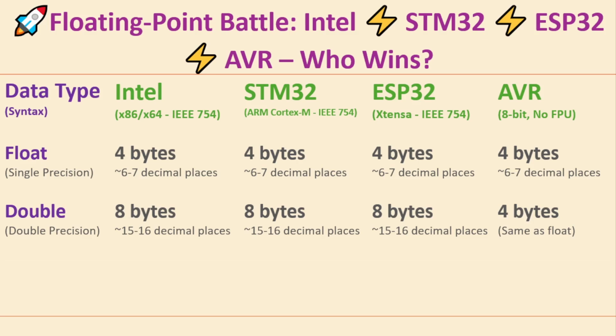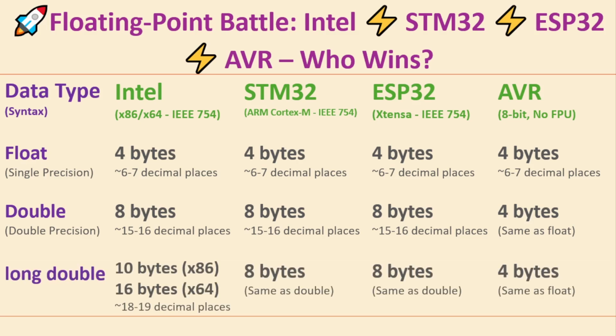due to the lack of a floating point unit, or FPU, in AVR, the double data type is treated like a float in terms of memory. The long double data type uses 10 bytes or 80 bits in Intel processors with an x86 architecture, and 16 bytes or 128 bits in x64 architecture processors, providing precision of about 18 decimal places.